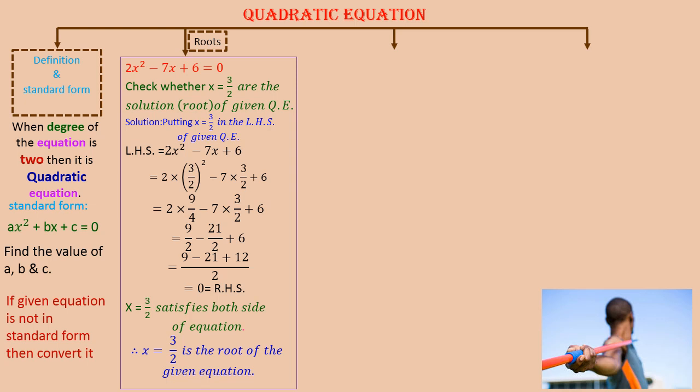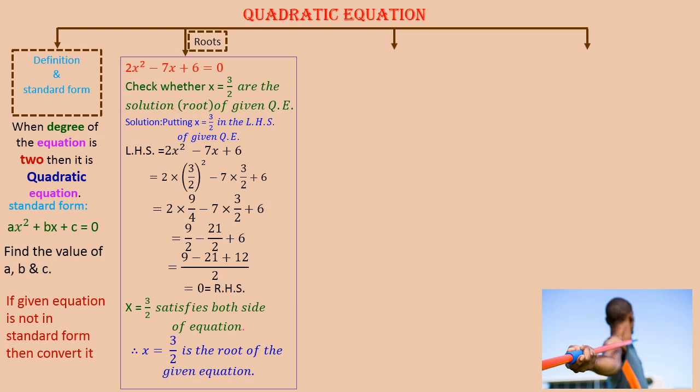Putting the value x equals 3 upon 2 in the left hand side of the given equation, we get, as you can see in the simplification, a value equal to the right hand side at the end. Therefore, the last two statements we must write: x equals 3 upon 2 satisfies both sides of the equation. Therefore, x equals 3 upon 2 is the root of the given equation.